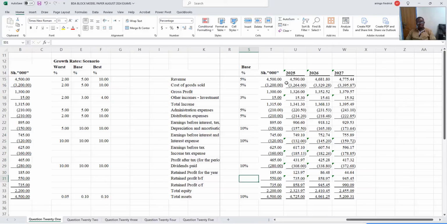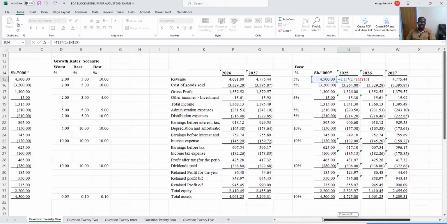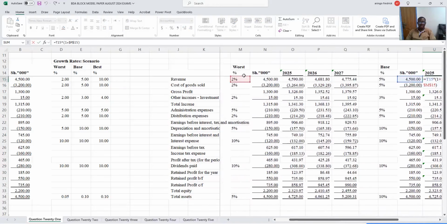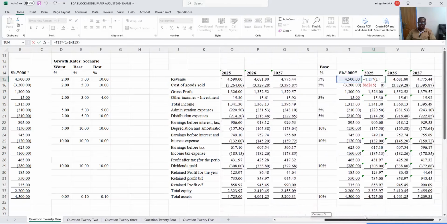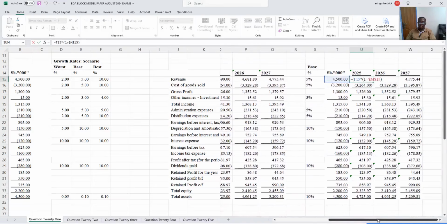Yeah. So on this case, then you'll find that while I'd locked, it had picked, of course, the base case. If at all you can check, it is taking us back to this. Yeah. So what we need to do is to change the percentage to reflect what? To reflect the base case scenario. So to reflect the base case scenario, this will just be simple. These are what will be required to do.